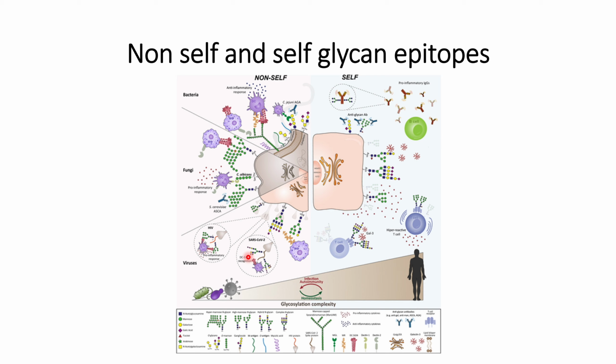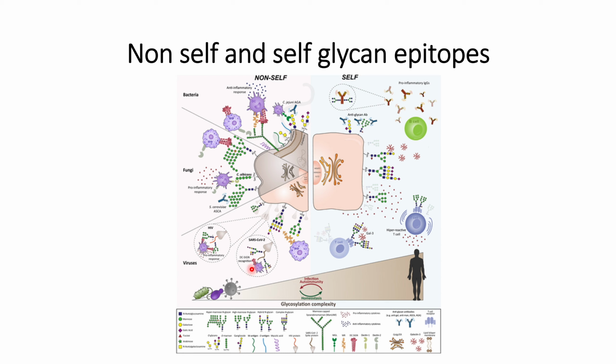We can see that in the case of viruses, the non-self glycan epitopes are completely different. They are not like the high mannose structures of microorganisms. They are completely different glycan structures, and not similar to the glycan epitopes found on mammalian cells. But as they replicate, the SARS-CoV-2 virus might evolve and generate epitopes similar to those of mammalian cells.